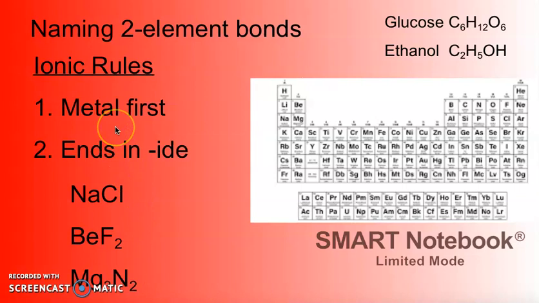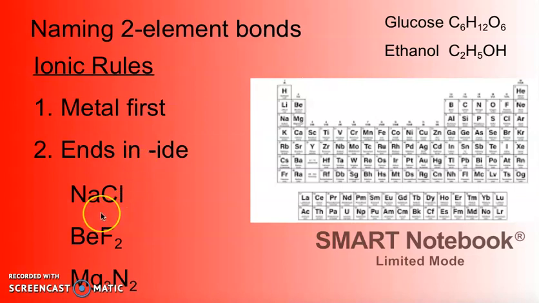You put the metal first. Now keep in mind, ionic is from one side of the table to the other, which means you'll have one metal and one non-metal. So you write or say the metal first. And then every one of these ends in -ide. So those are the two rules.